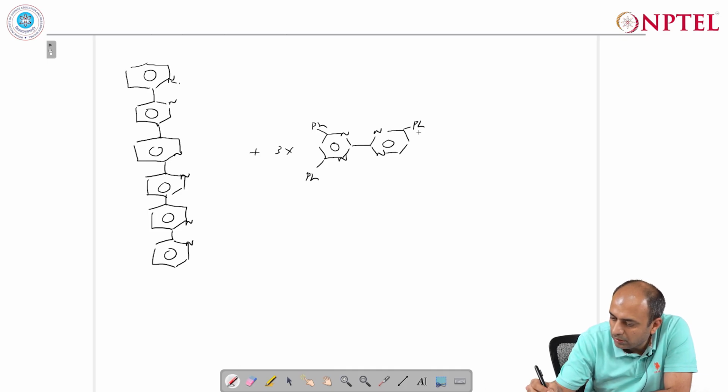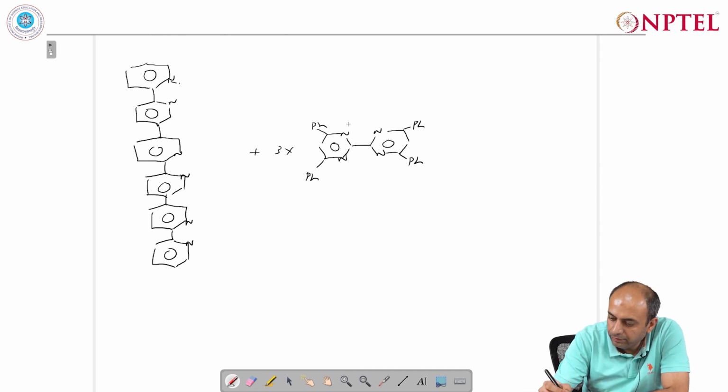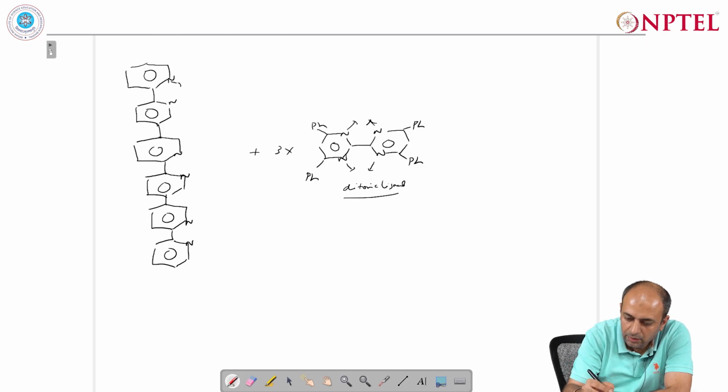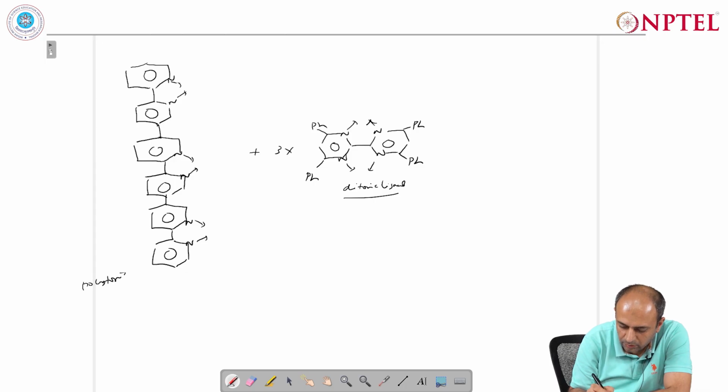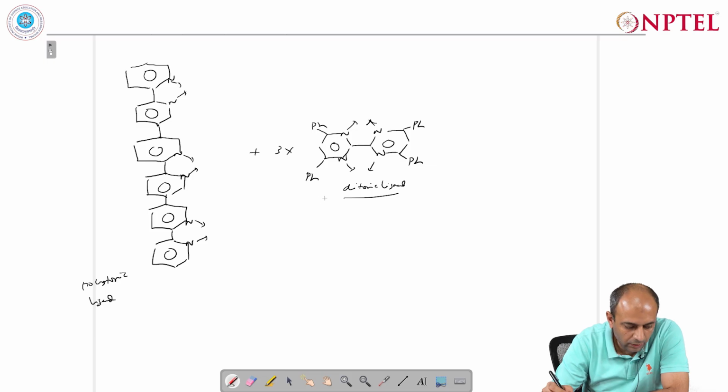So we again have this ditopic ligand, and this is a polytopic ligand, and we also now add in, because we are going to have, how many such?